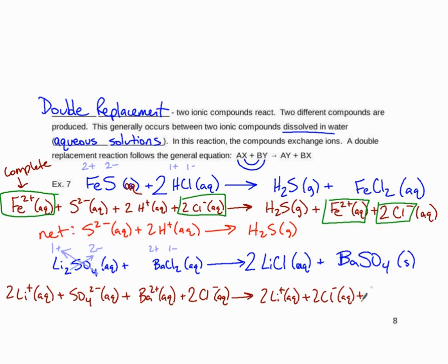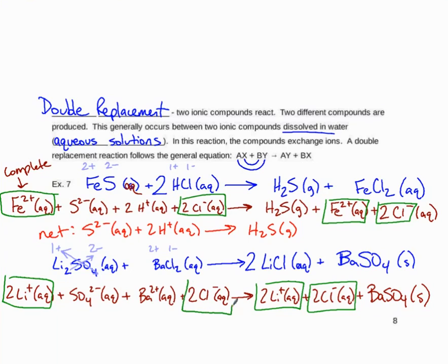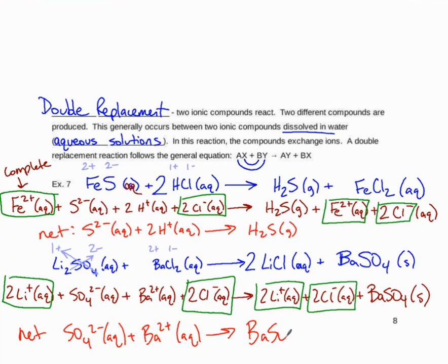Plus, here's the solid that we made, barium sulfate, which is a solid. So my spectators, lithium, chloride, and whatever's left over would tell me my net equation. And the net equation is much shorter and more convenient.